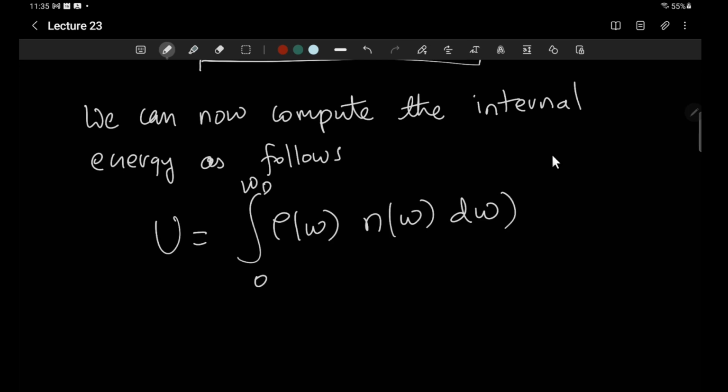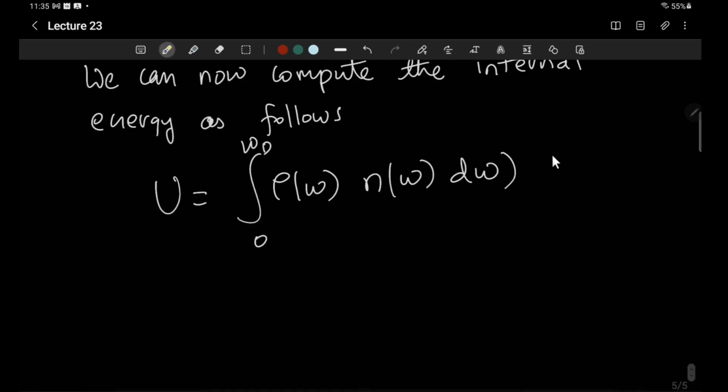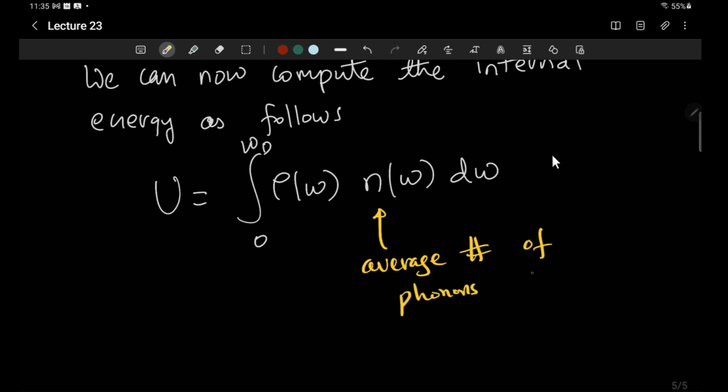What is this n of omega? The whole point is that rho of omega tells you the number of phonons with that frequency omega and with some width. But we can have multiple phonons of the same omega, so we need to know n of omega, which is the average number of phonons with frequency omega.